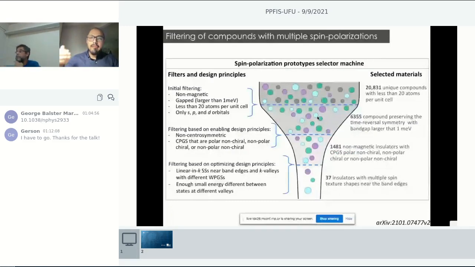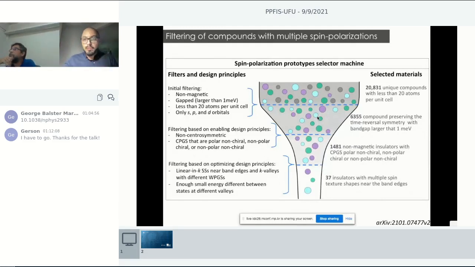What if I have one specific polarization at one specific K point, and another at another K point? If the energy between these two different values is very close to each other, then I will be able to control or access these different spin polarizations and use them in a device. So, controlling the spin texture by accessing different spin polarizations.